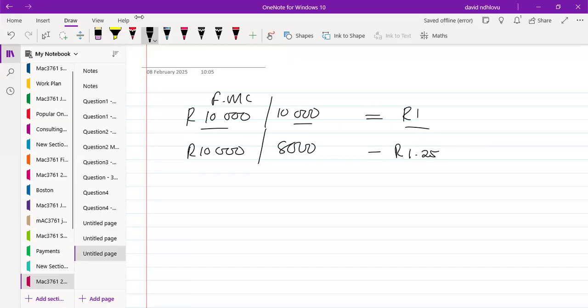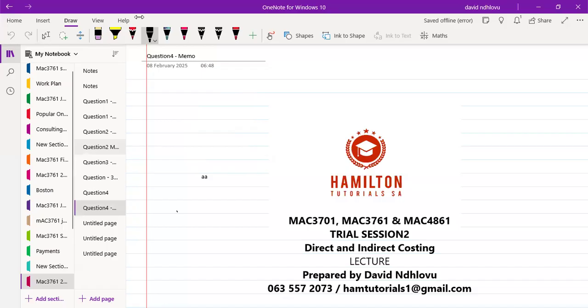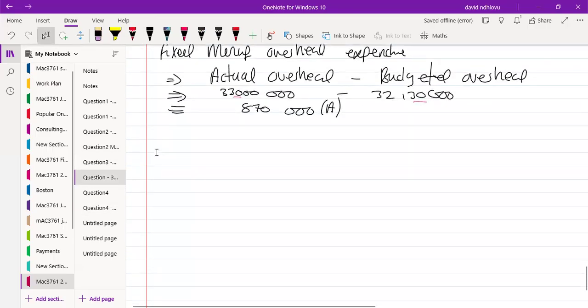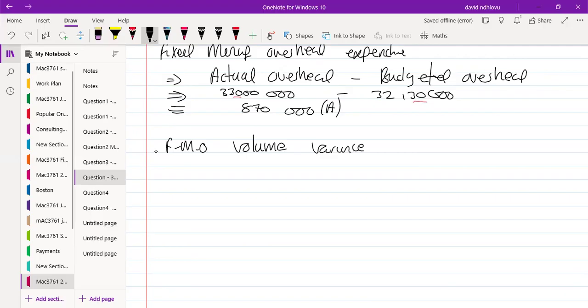Yes. So you need to calculate a volume variance this time, which captures that. We want to calculate the fixed manufacturing overhead volume variance now. There are 2 ways in which you can calculate that.